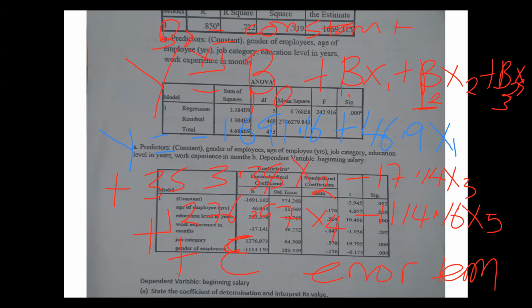You define these variables because you have just used symbols. B2 goes with education levels, work experience is X3, X4 is job category, and X5 is the gender of employees. B5 itself is the coefficient of that particular variable.